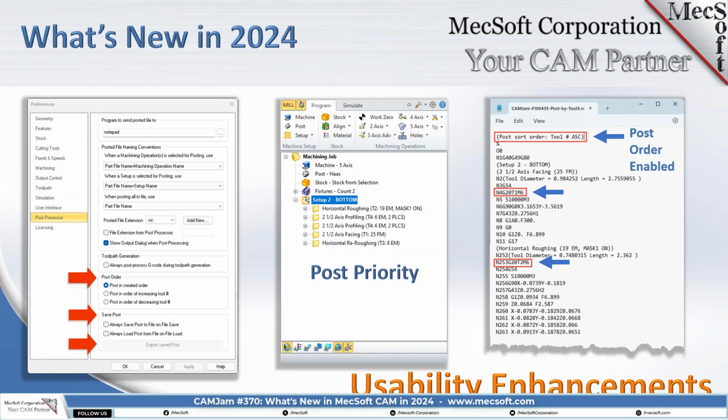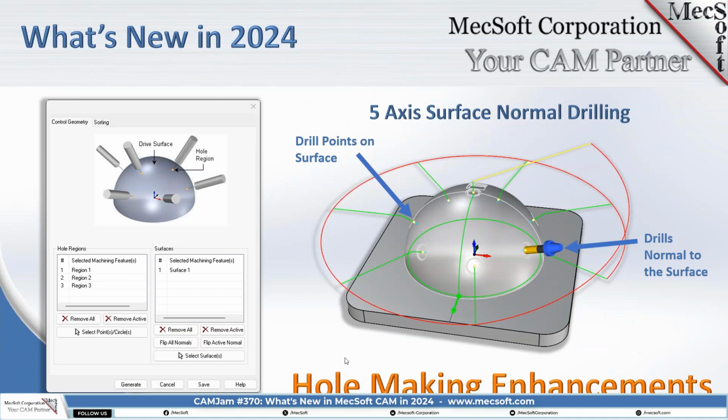Okay, so let's go to hole making enhancements in 5-axis. This is pretty cool. Similar to the 2-axis drilling operation, you can do this now in 5-axis. There's a little picture we see here. You see that we have points actually on the contoured surface, and those points are treated the same way as in 2-axis hole making, and the tool gets aligned normal to the 5-axis surface at that point.